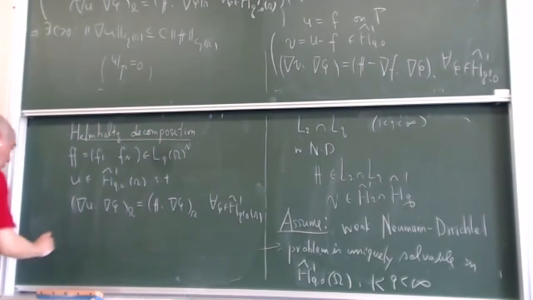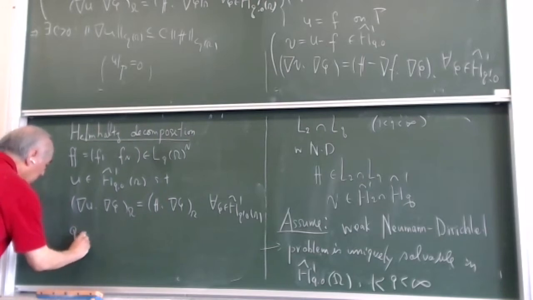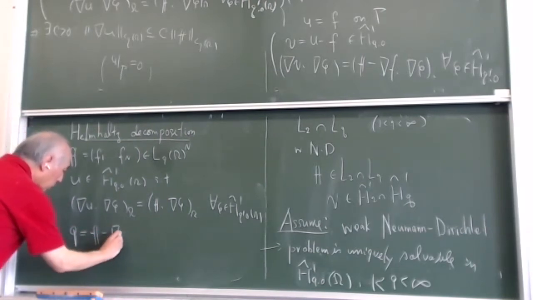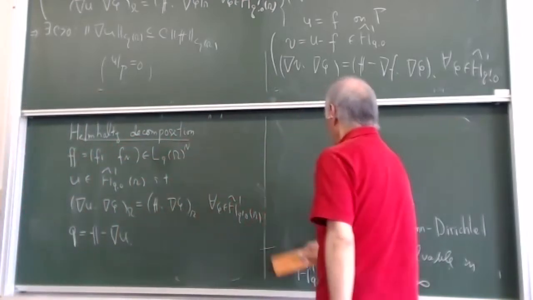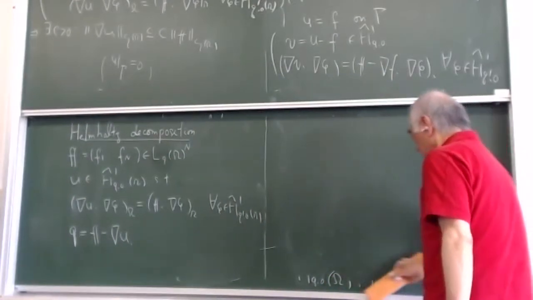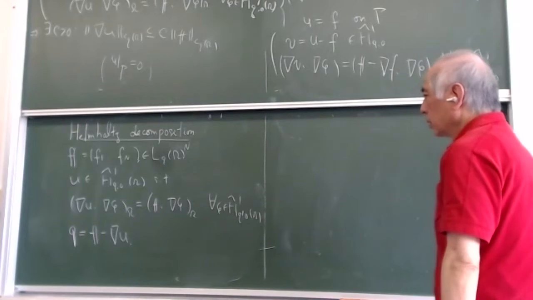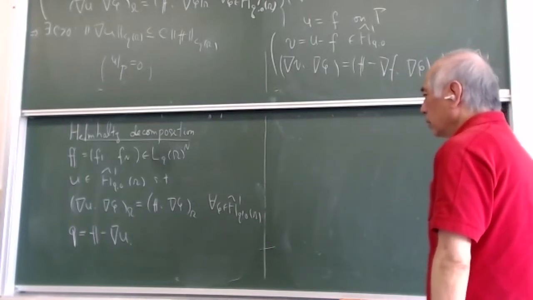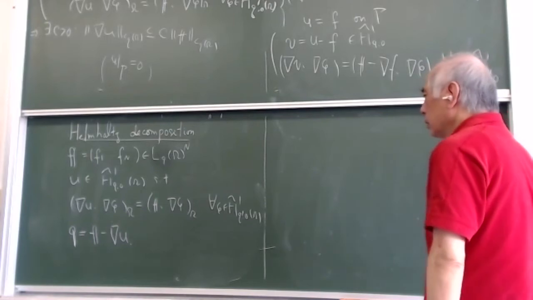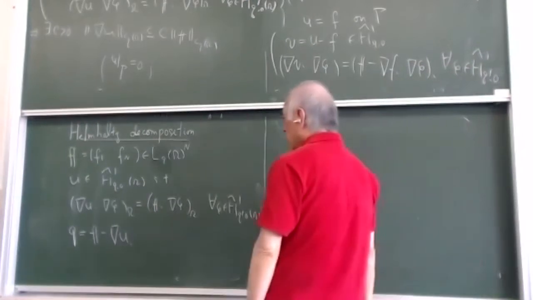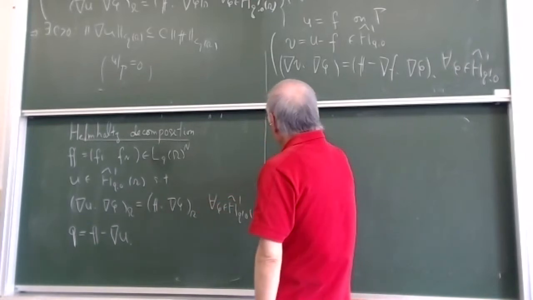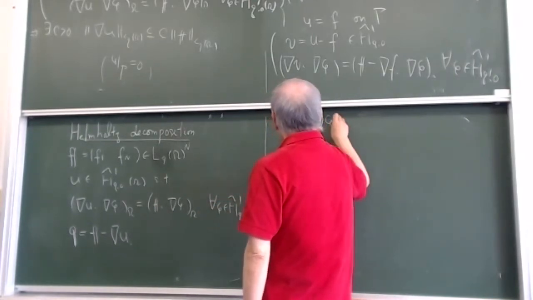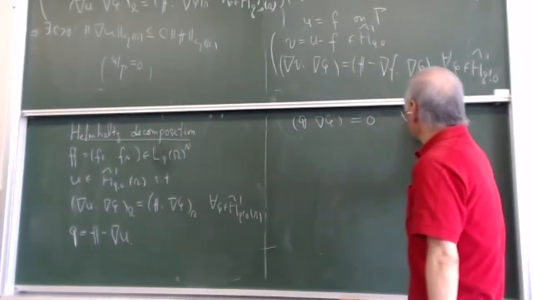And then set G equal to F minus gradient U. Then from this formula, G satisfies this.